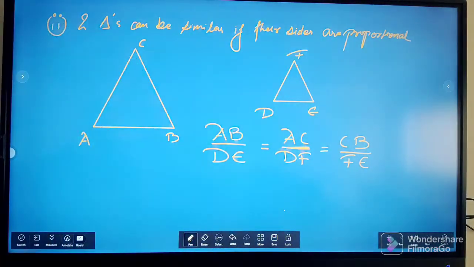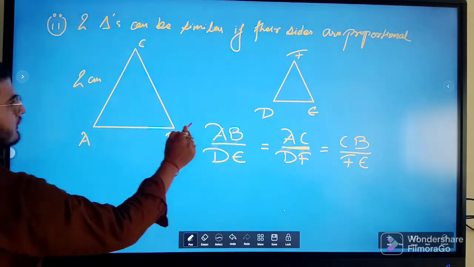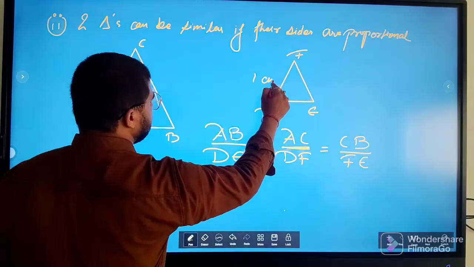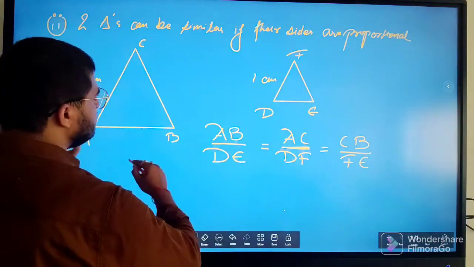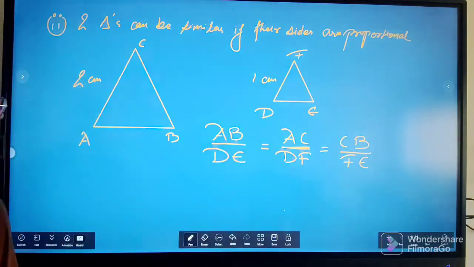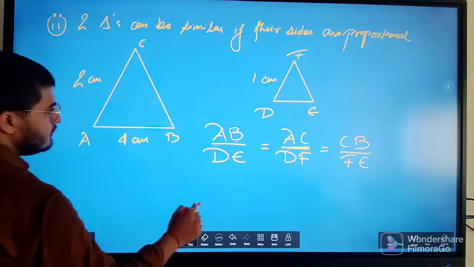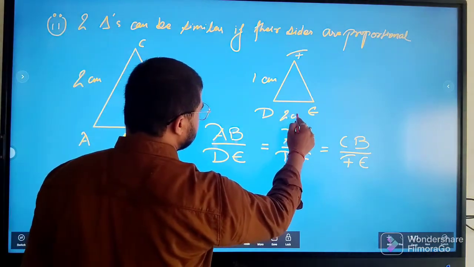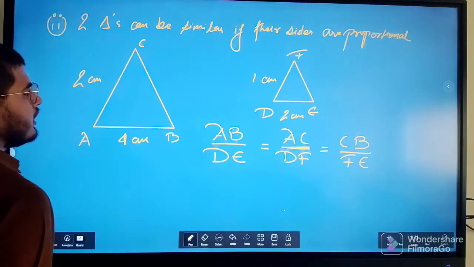For example, if this is 2 centimeter and this is 1 centimeter, the ratio will be 2:1. So if this is 4 centimeter, this should be 2 centimeter. Again the ratio is 2:1.